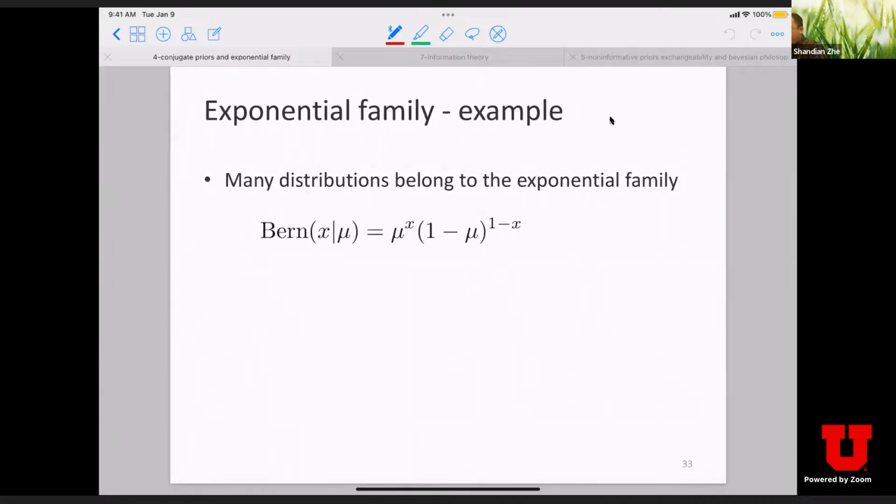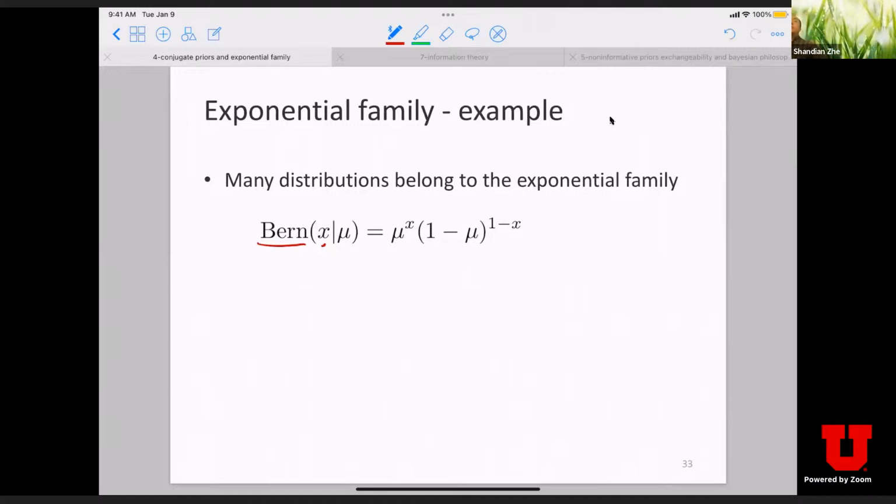So now let us look at some concrete examples. What are the commonly used distributions in the exponential family? The first example is the Bernoulli distribution. We discussed it at the very beginning. Remember x here is binary, either 0 or 1.